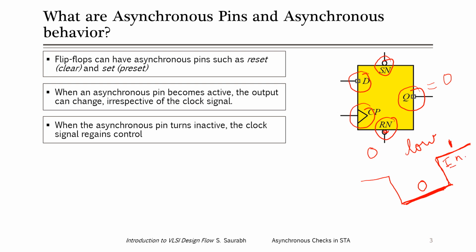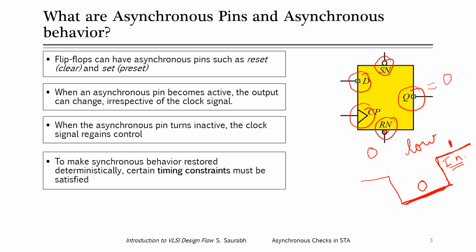In the inactive condition, that is when it goes from 0 to 1, the clock again regains the control, meaning that the flip-flop again works synchronously: once the clock edge arrives, whatever is at the D pin will go to the Q pin. So when it becomes inactive, at that particular time, the clock regains the control.